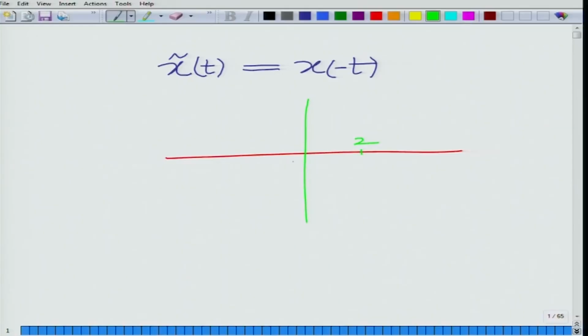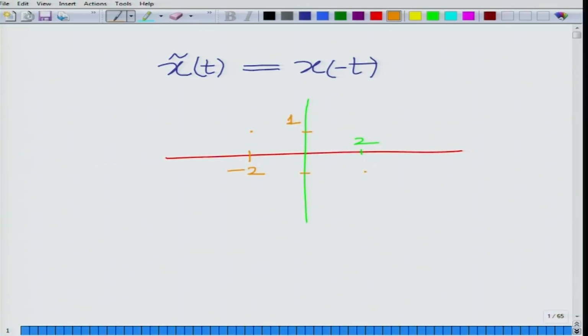Okay, so if you look at that, again it is non-zero only from minus 2 to 2, and at minus 2 it is going to be 1, correct, and at 2 it is going to be minus 1.